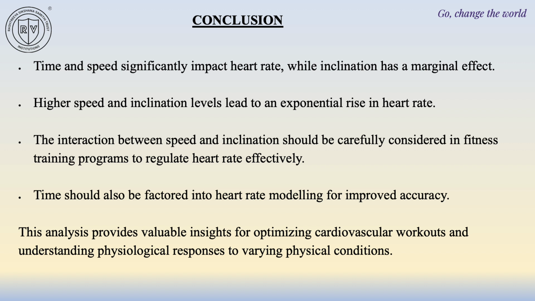Let's say we take time as A, speed as B, and inclination as C. Then the AB interaction was found, then BC was involved, but AC was not, meaning time and inclination was removed. But each individual factor was also determined: A, B, C, AB, BC, but not AC.